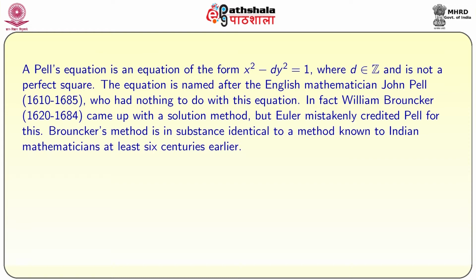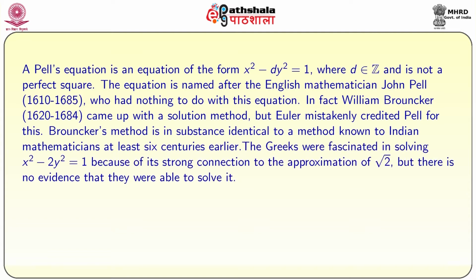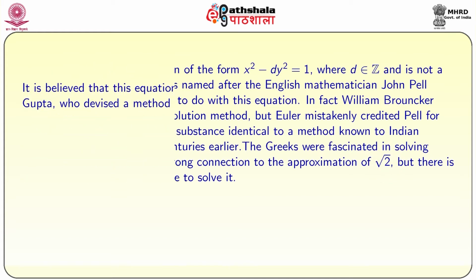Brouncker's method is in substance identical to a method known to Indian mathematicians at least 6 centuries earlier. The Greeks were fascinated in solving x square minus 2y square equal to 1 because of its strong connection to approximation of root 2, but there is no evidence that they were able to solve it.